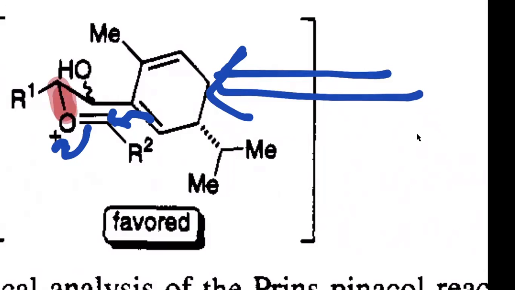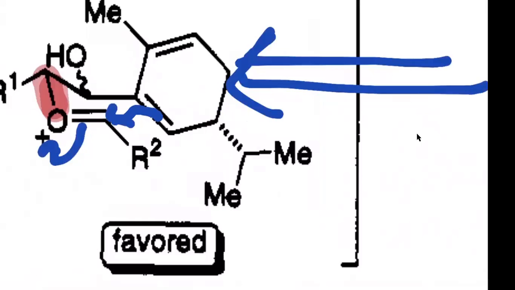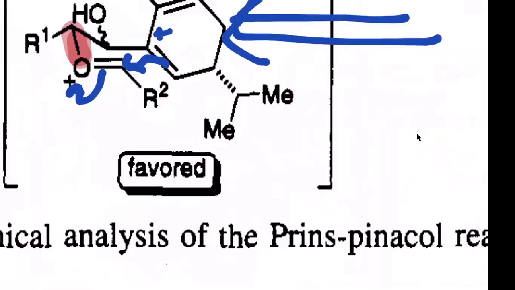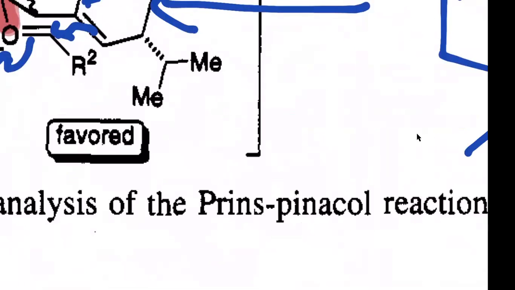Once that double bond breaks, you end up with a positive charge on this carbon right here. Once that pair of electrons gets pushed over to attack the aldehyde, you end up with a plus charge on that carbon. Let me draw it out here. So you end up with this.